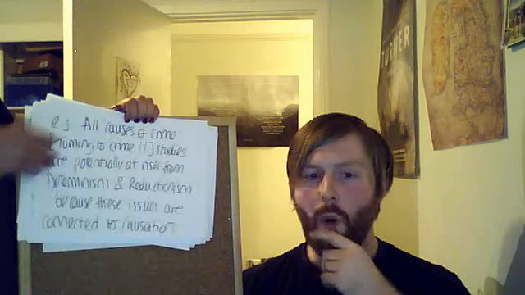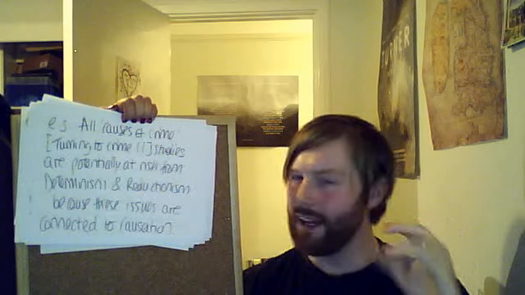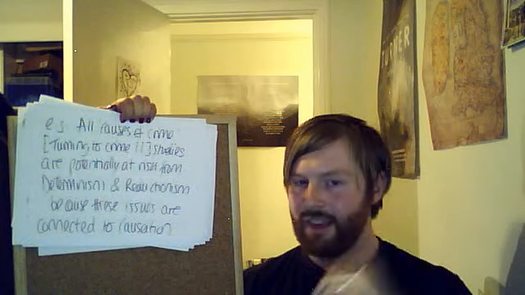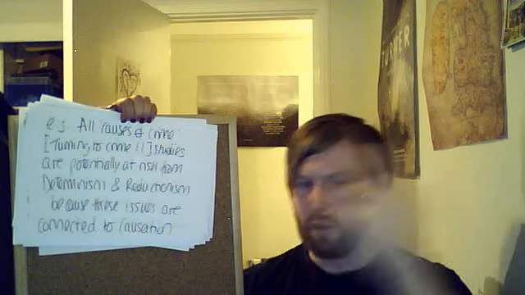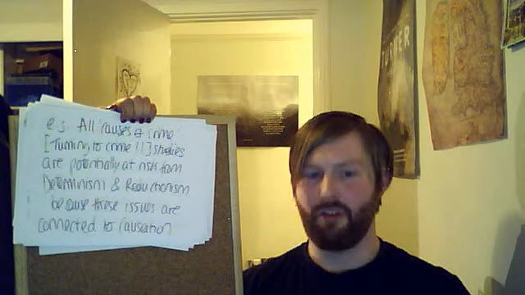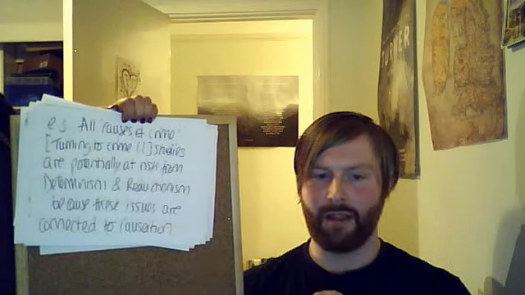So, for example, let's turn to crime: all causes of crime studies are potentially at risk from determinism and or reductionism, because these issues are connected to causation, and we're looking at causes of behaviour and causes of crime. As a result, you've got to be particularly careful for these 2 issues and or debates.